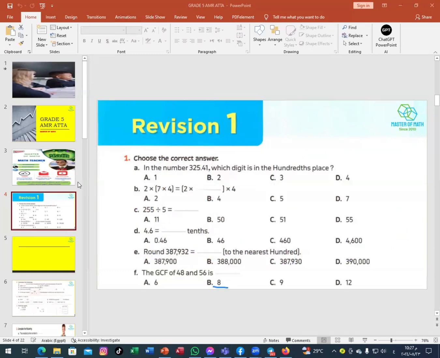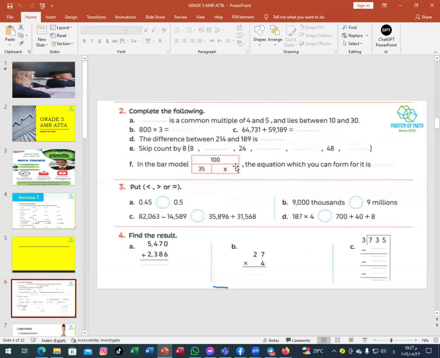Let's move to the next slide. Complete the following. Find the number that is a common multiple of 4 and 5 and lies between 10 and 30. It's a mystery. He gave me a mystery.